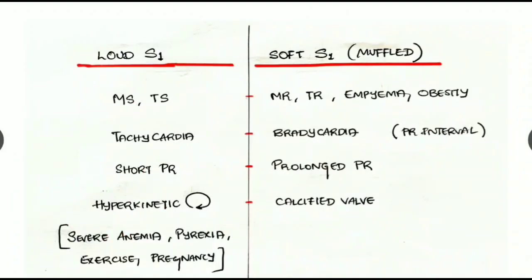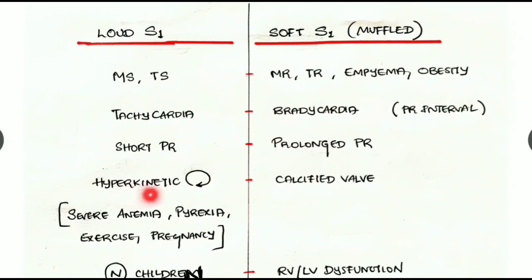Hence we can classify the loud S1 from the soft S1. The loud S1 we have seen in MS and TS, whereas the soft S1 is heard in mitral regurgitation, TR, empyema and obesity. Loud S1 is seen in tachycardia due to a short PR interval, and soft S1 is seen in bradycardia due to a prolonged PR interval.